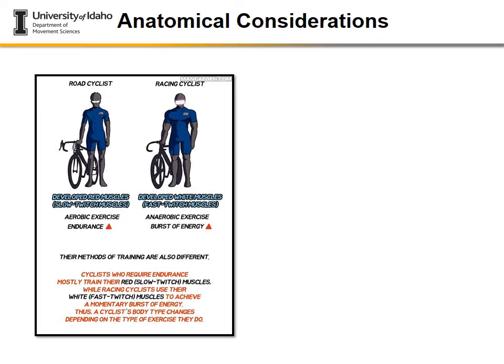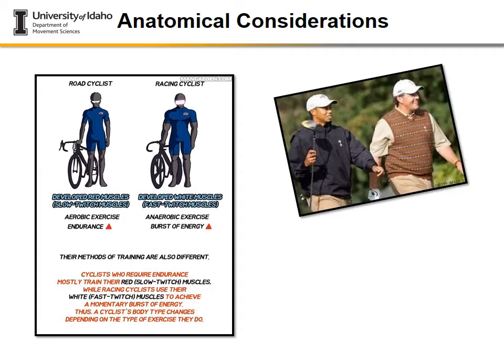The body type and frame differences continue to be shown when looking at a road cyclist versus a sprinter or criterion cyclist. We then can move to focusing on different athletes at an elite level of a specific sport like golf. In this case, we have Tiger Woods and Phil Mickelson, both extremely successful.